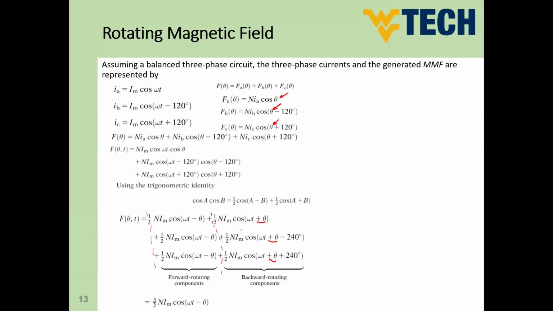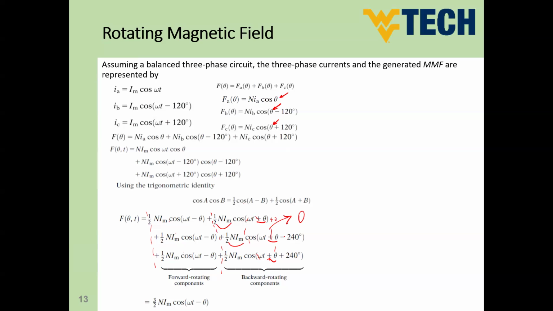And here, for this backward component, one is at angle omega t plus theta, I can say plus 0. And another one has the same peak value, and the angle is omega t plus theta minus 240, and the other plus 240, which is minus 120. This means the summation of these three terms is going to be 0.